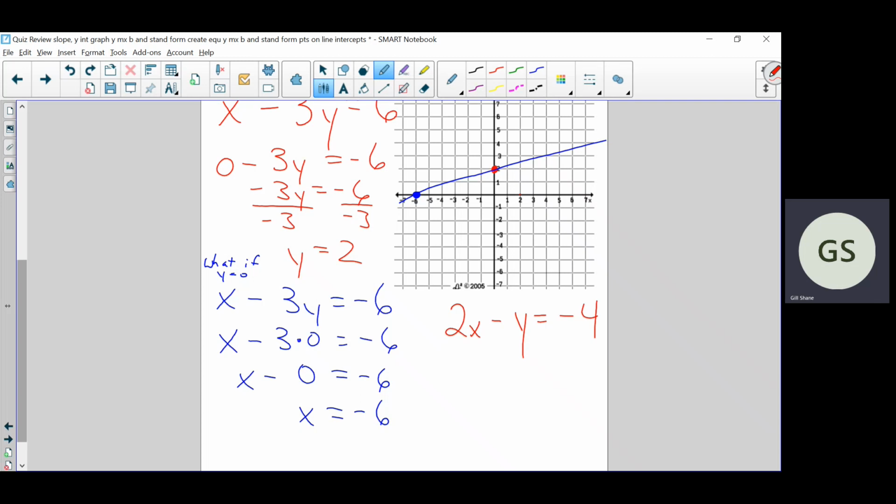What in the world did you do wrong? Oh, wait. You divided by this on one side, but you didn't divide by something else on the other side. Alright. Oh, what's that? The other one is 10.